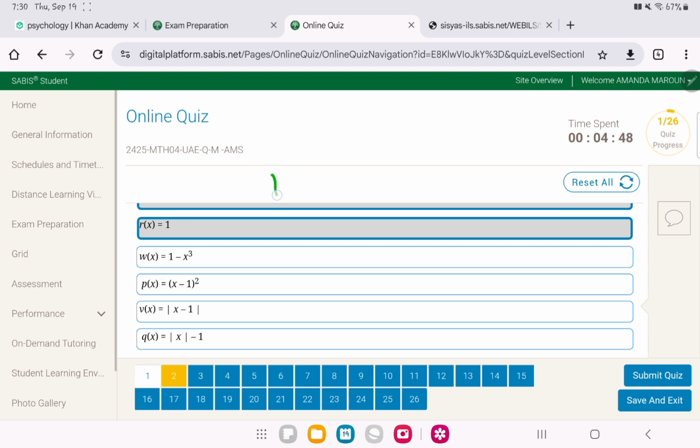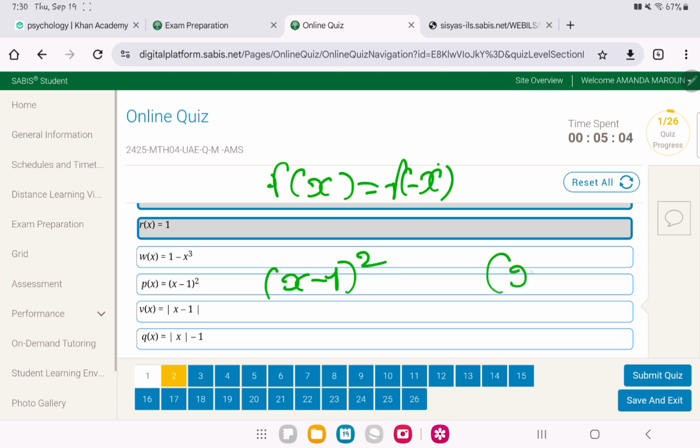Now for the p(x), we remember f(x) is equal to f(-x). So we have (x minus 1) to the power of 2, or we have (-x minus 1) to the power of 2.